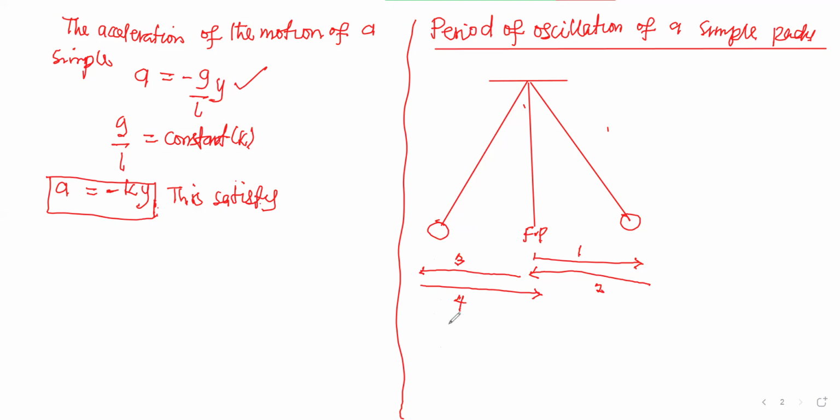Whenever it comes back to where it was initially moved from, we have a complete cycle. Usually we take it from when you move it from, say, the right, and when it comes back to the right again, that is one complete cycle.